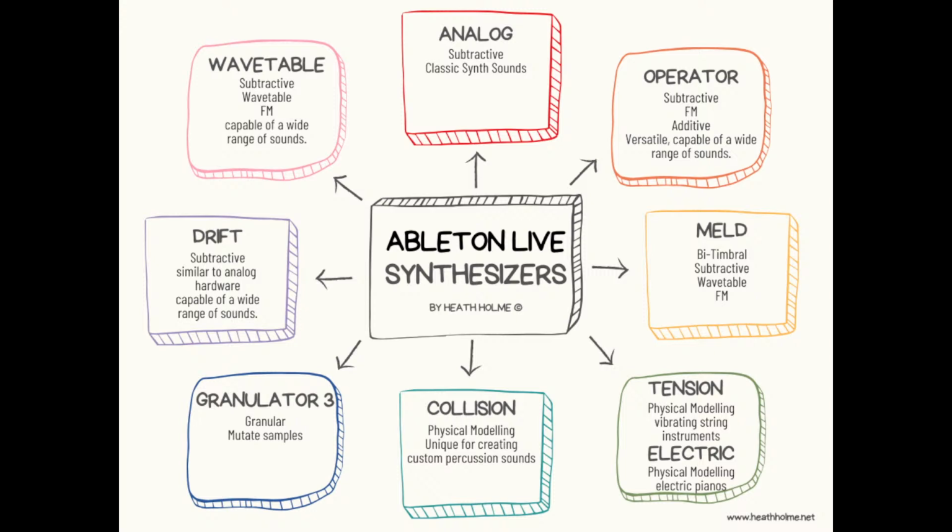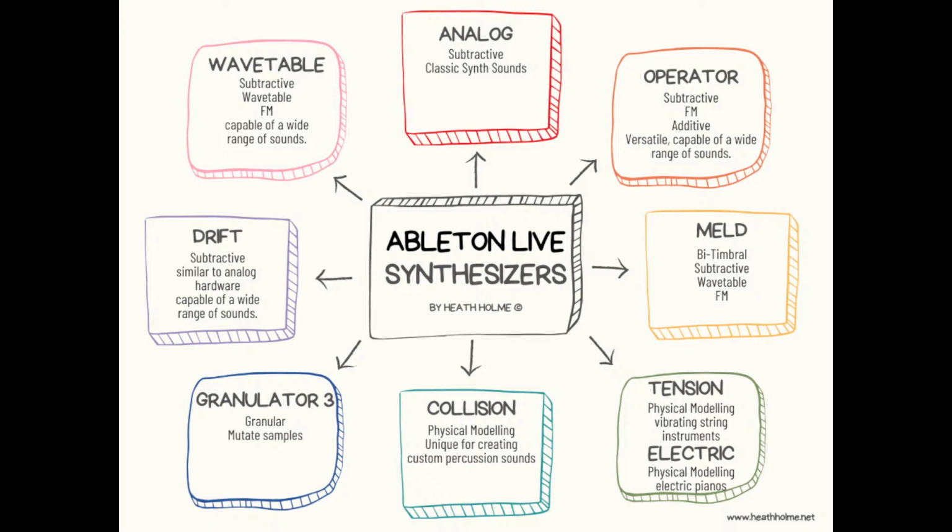So let's say on this list that the physical modeling ones, Tension, Electric, and Collision, we put them to one side because they're not built the same way as the oscillator, filter, amp type concept. They have some of those elements within, but they're a bit different.